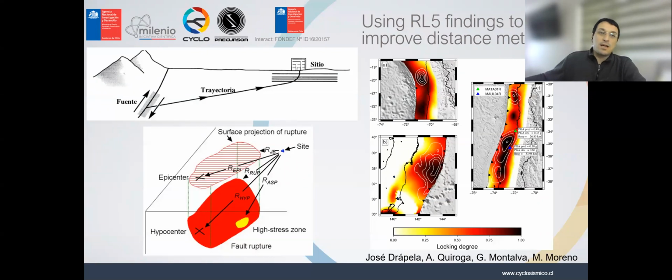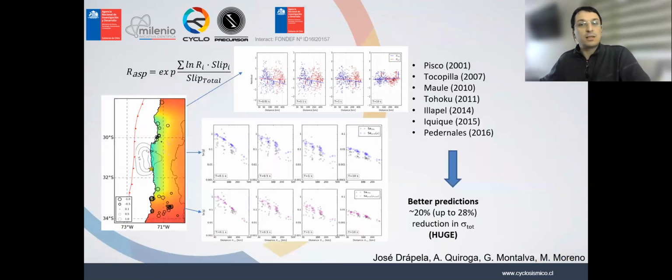Jose Drapela, another of our PhD students, is working on using the information from research line 5 that correlates the coseismic slip with the locking degree in the interseismic period to obtain better distance measures. This distance measure that we're testing is the distance to the asperity.